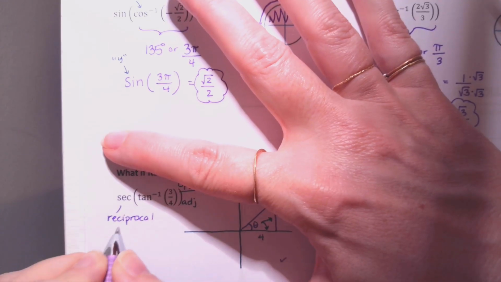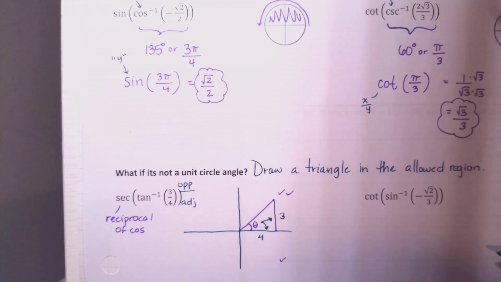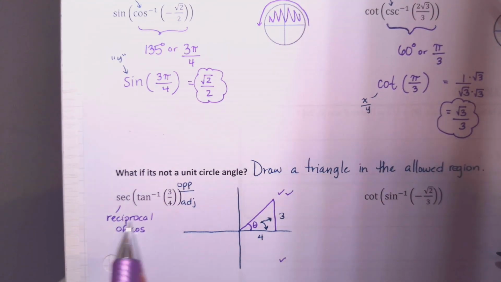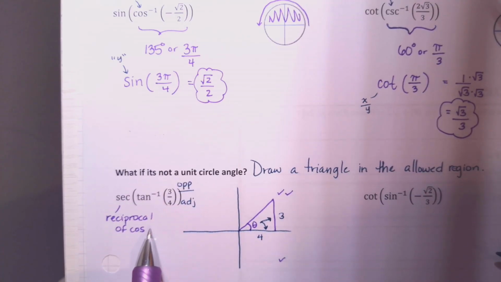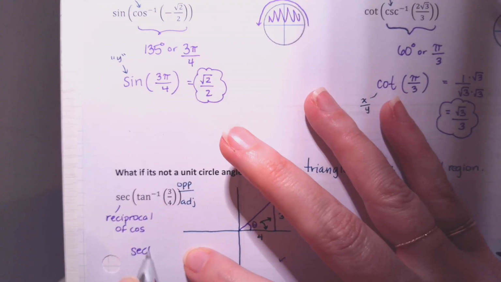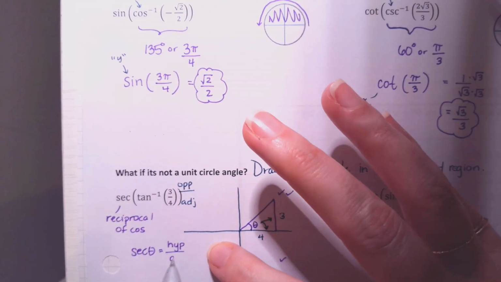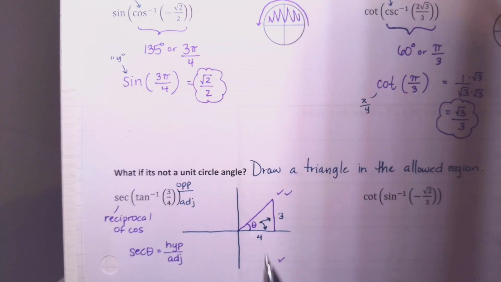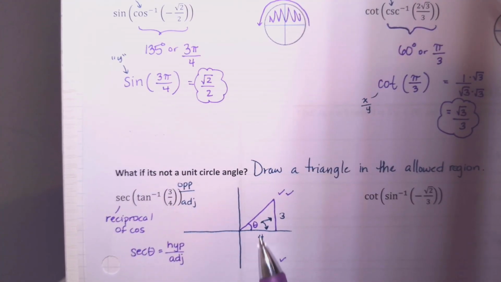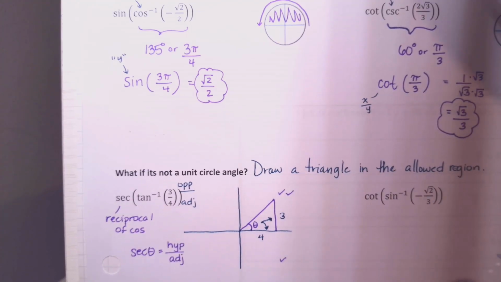Cosine is adjacent over hypotenuse, so secant of the angle would be the hypotenuse over the adjacent. For this angle, I can see the adjacent side is here, but I don't know the hypotenuse yet, so that's going to be my first goal.